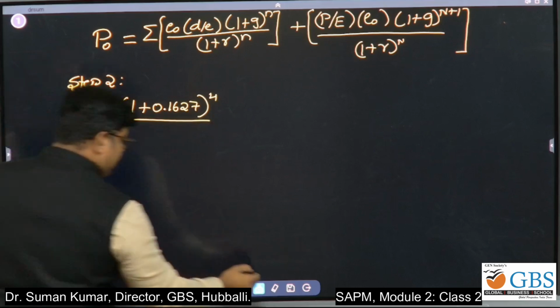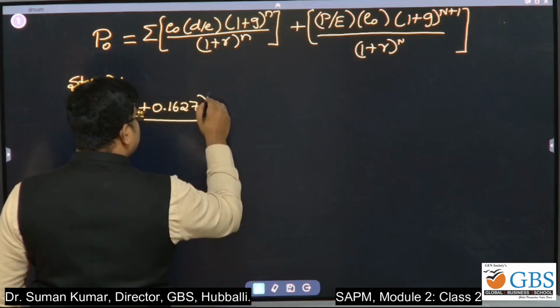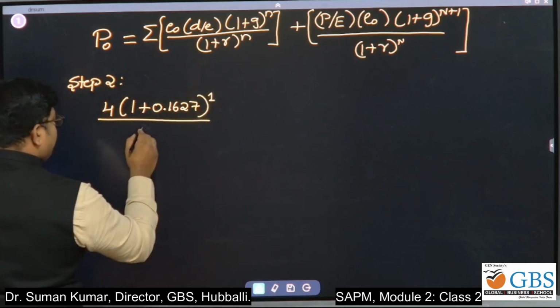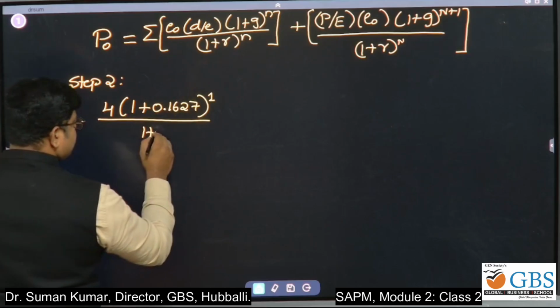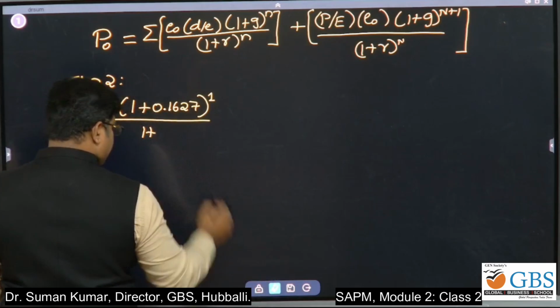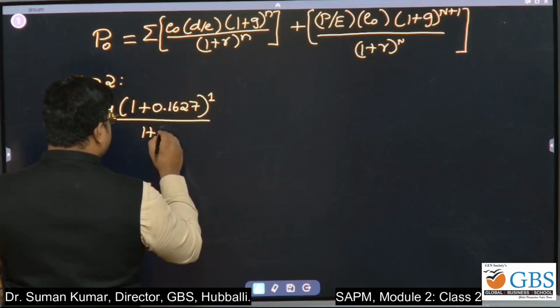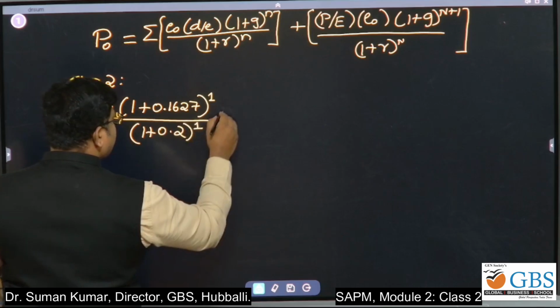Before that, as it is summation, we need to start with 1. 1 plus required rate of return, 20%, that is 0.2, raised to 1.